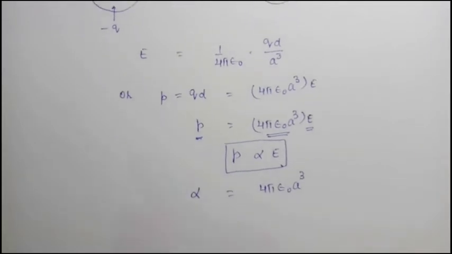So alpha is a constant known as the atomic polarizability. So here atomic polarizability is equal to 4 pi epsilon naught A cube.